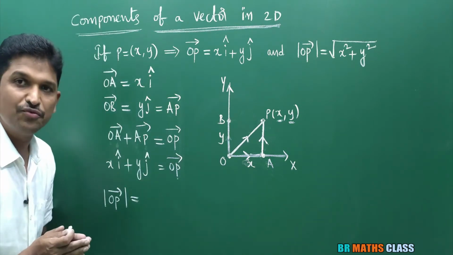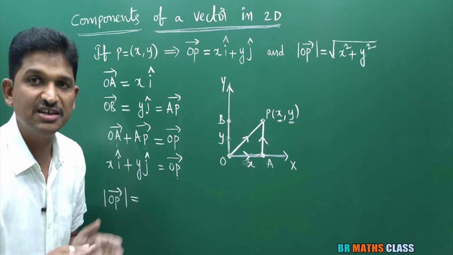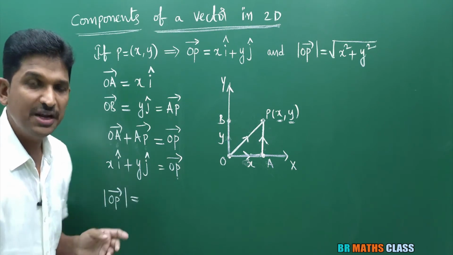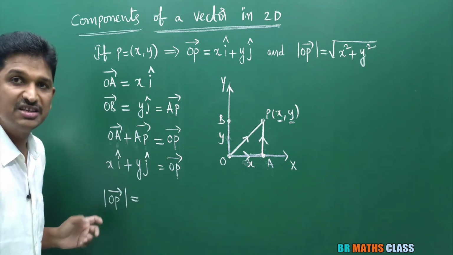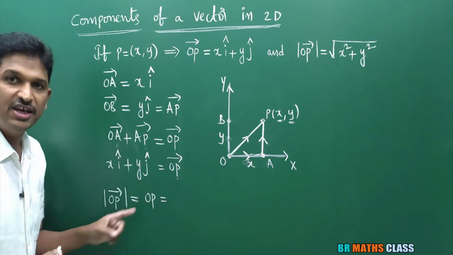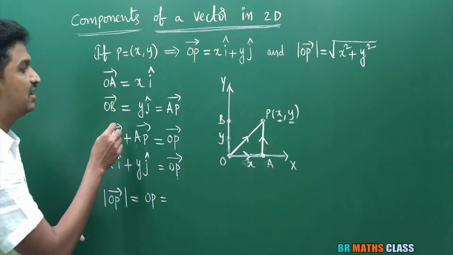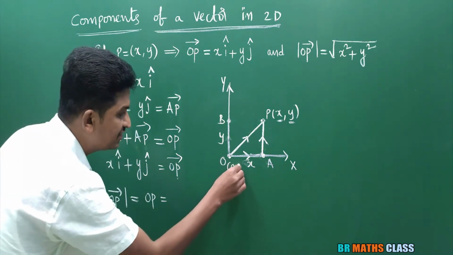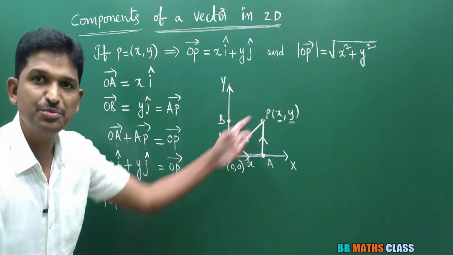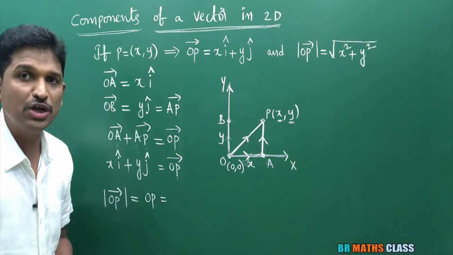In representation of vectors, you learned that the magnitude of AB bar is AB, the distance between the points A and B. The magnitude of BC bar is BC. Similarly, the magnitude of OP bar is the distance between the points O and P. Here O is the origin, 0 comma 0, and P is x comma y. OP is nothing but the distance between these two points. You already learned the distance formula in two-dimensional geometry.